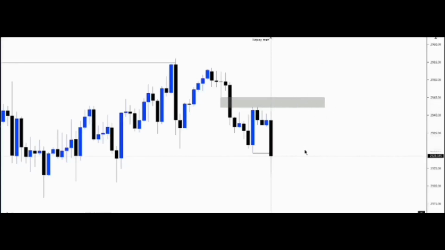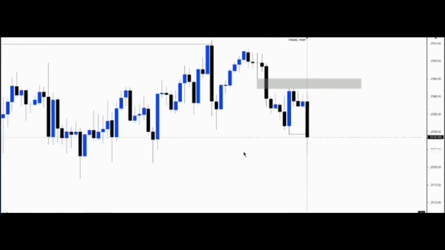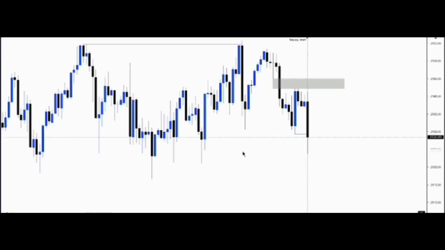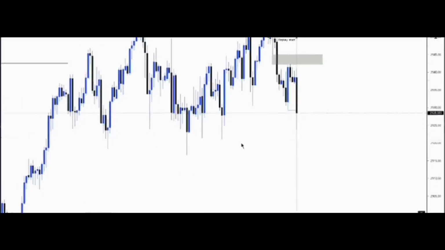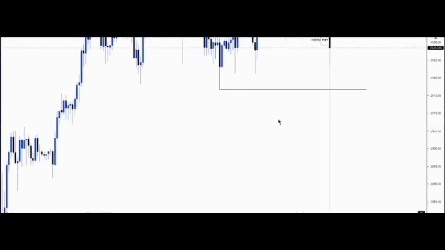And where is going to be my target? Well, the first target, let's look for the target that we want to take trade to. Now, the first target, I would prefer this one to give me exactly what I want. So this is going to be my first target, and then my second target, my ultimate target, is going to be here.